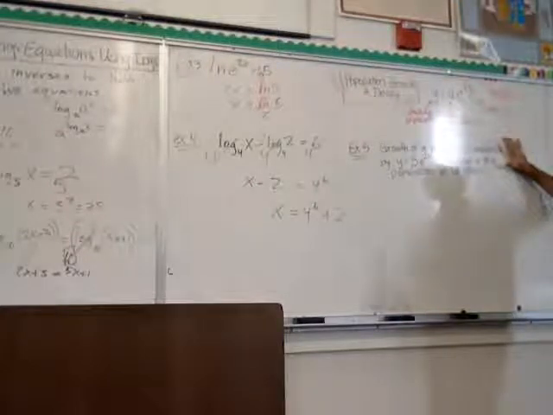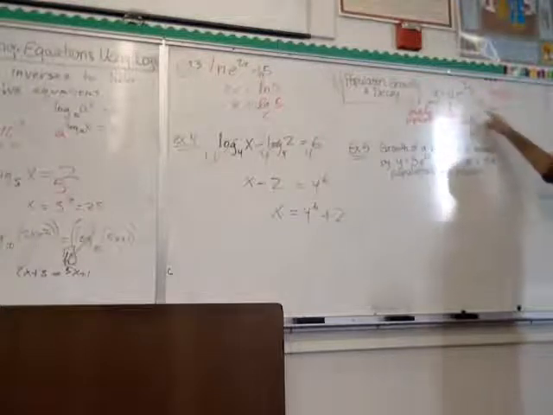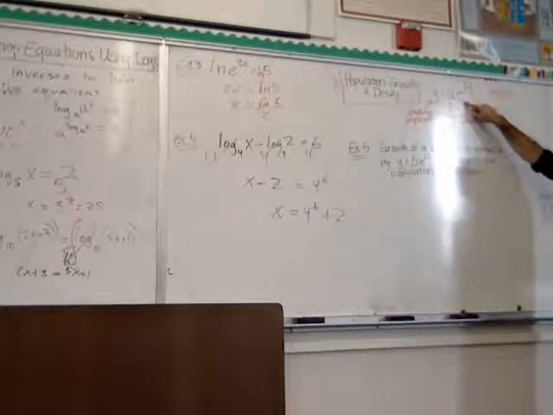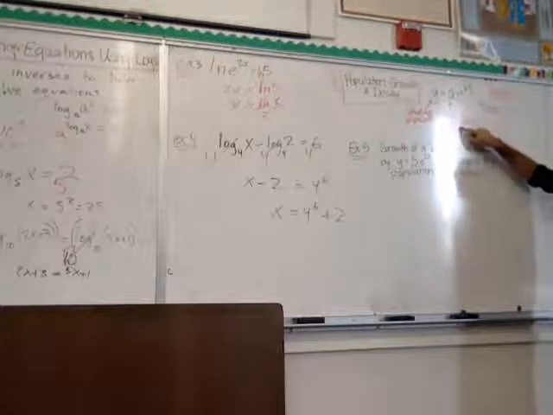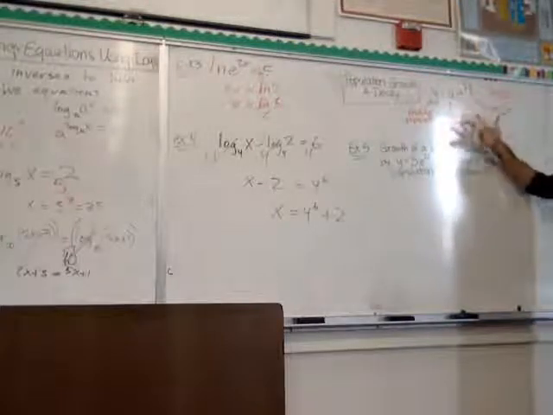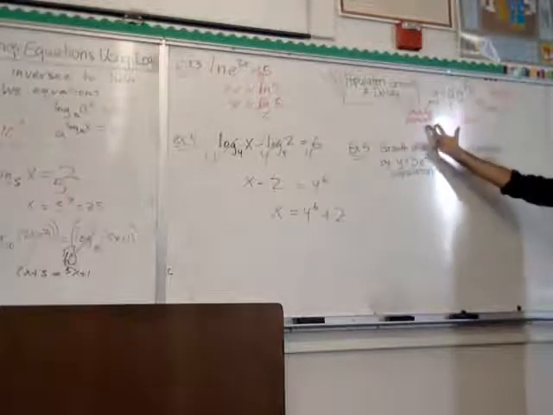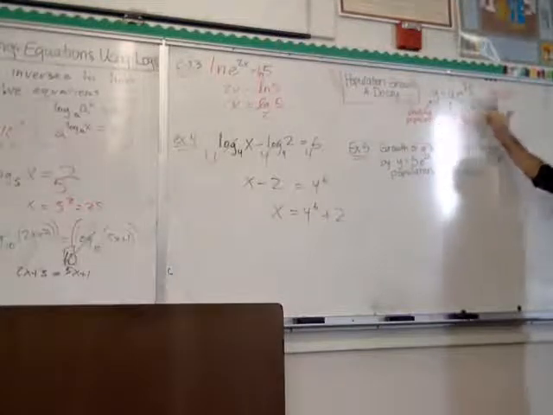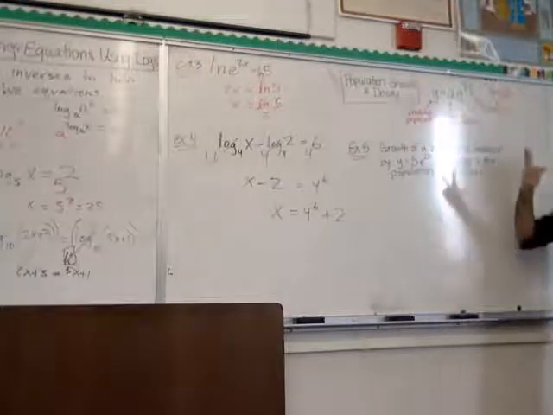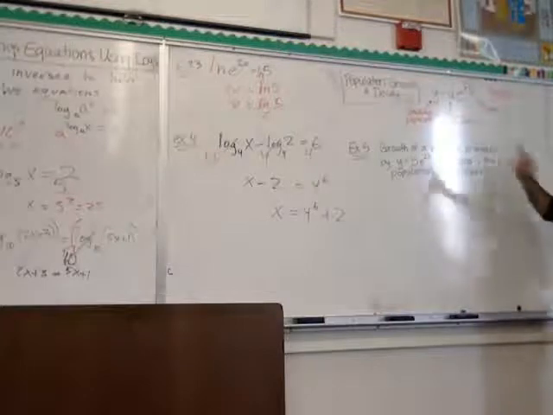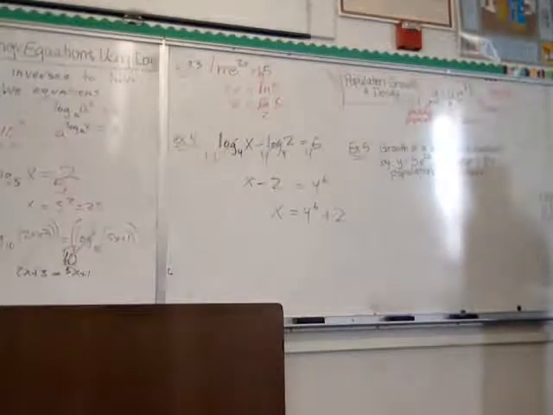Growth and decay we've touched on before, but we used a different version. Now we're incorporating the number e. It's kind of formulaic, where you're putting in the starting population, the ending population, the growth rate and time, and all are centered around this base e. So we're going to set that up.